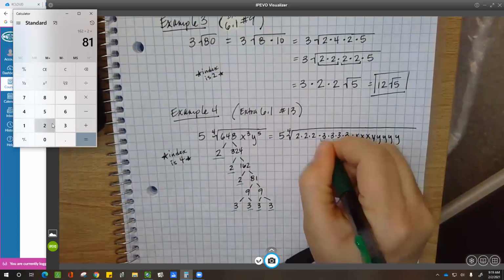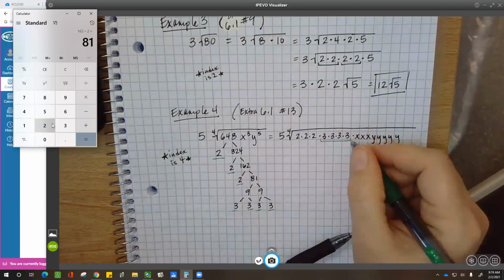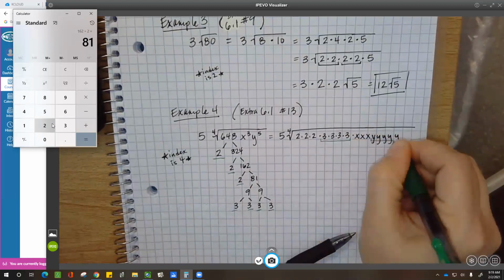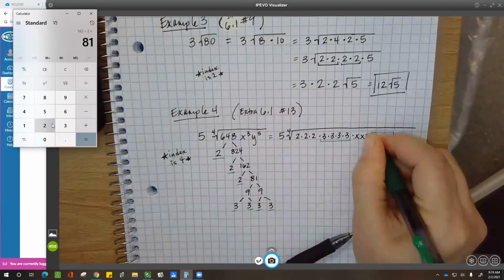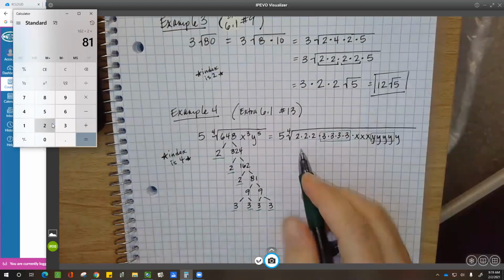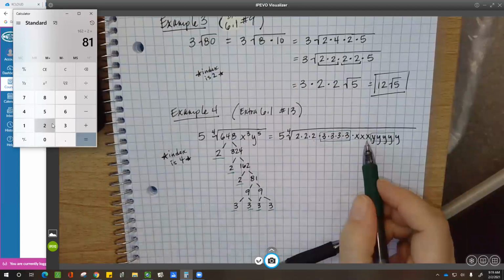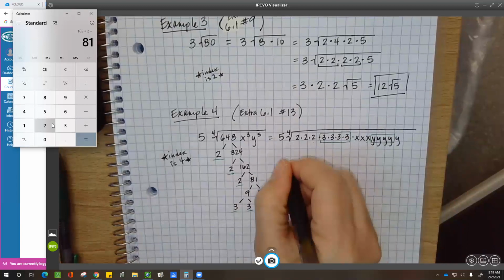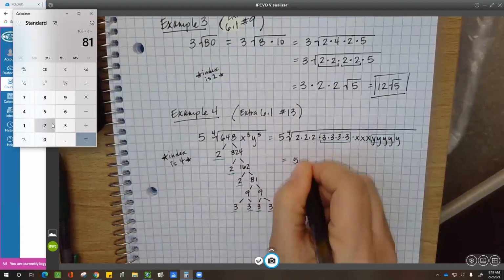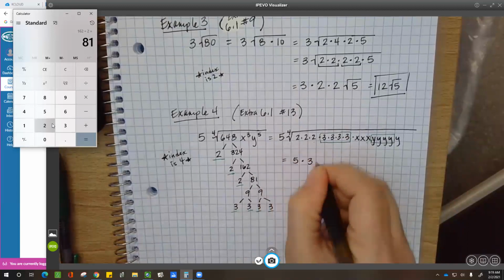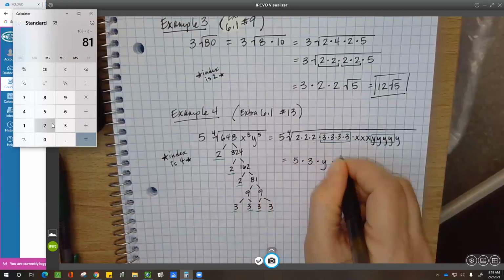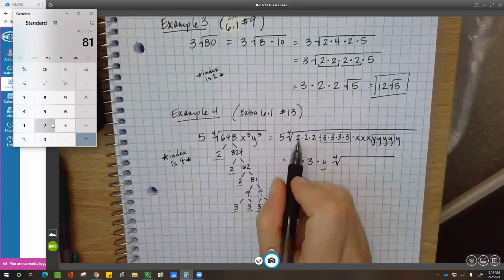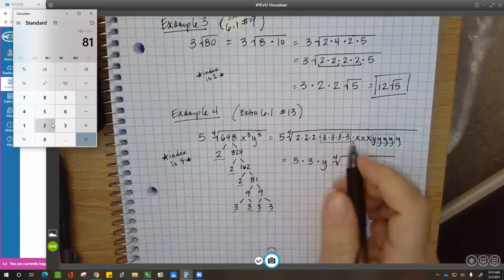So when I rewrite, I can simplify. I can take out the 3 because I have 4, and 4 of the y's I'll take out. These 2's will have to stay. The x's will have to stay. I will still have 1 y. So this is 5 times 3 times y, fourth root, we'll put these back together. 2 times 2 times 2 is 8.